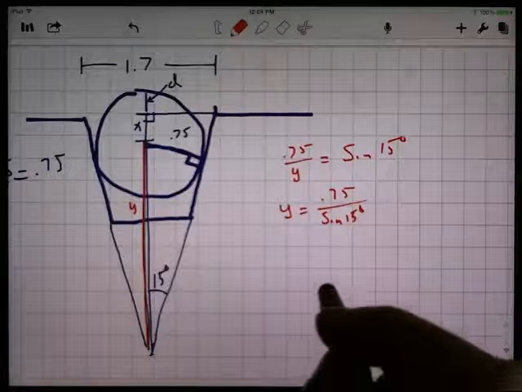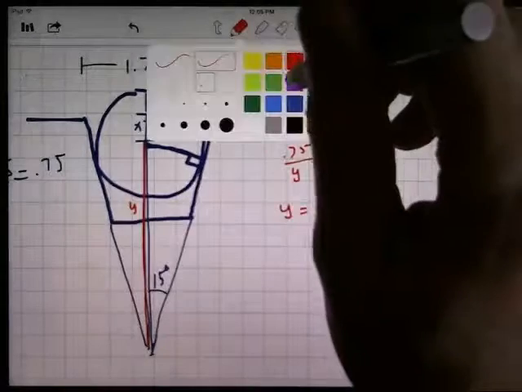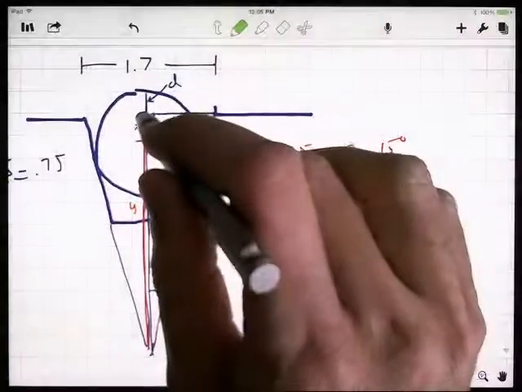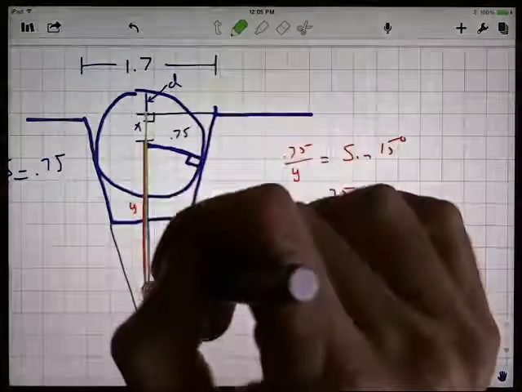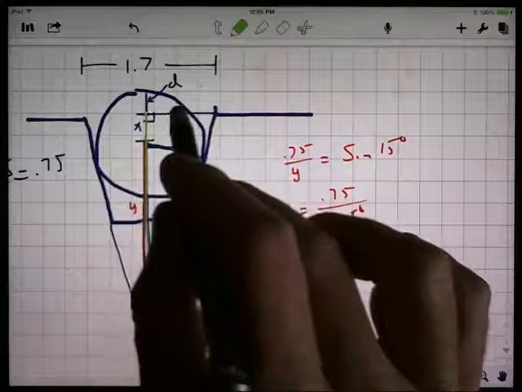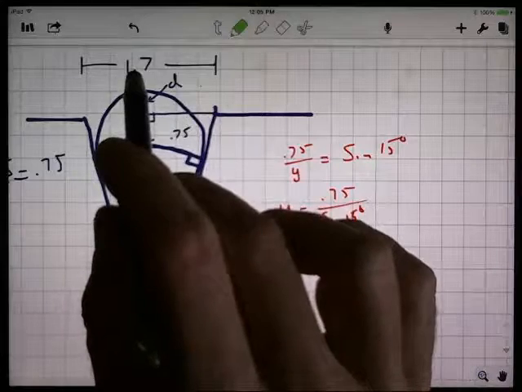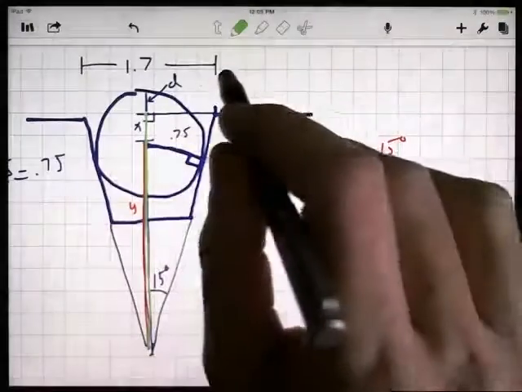Then I look at a bigger triangle, and let's do this in green, I can calculate this side all the way down from here to the bottom because I know the side up on the top here. The side up on the top here is half of the 1.7, which would be 0.85.